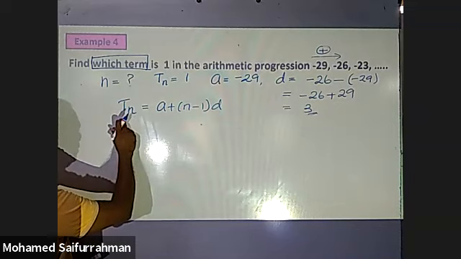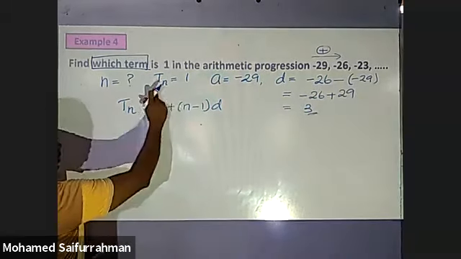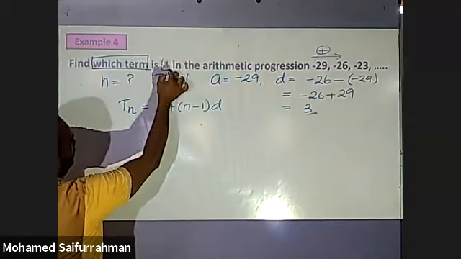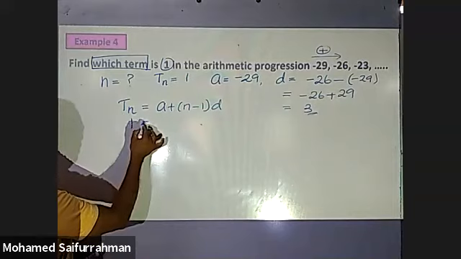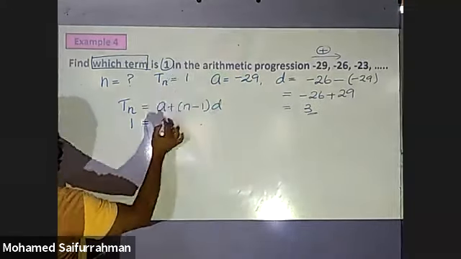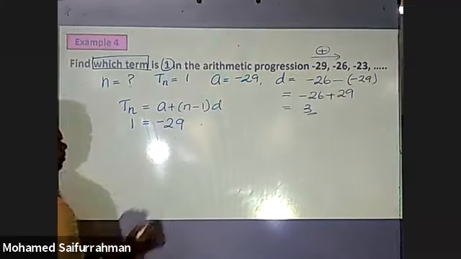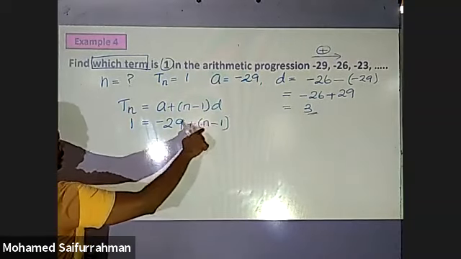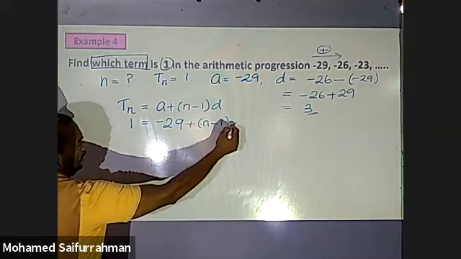Here, let's substitute the given data. Tn is 1, since which term is 1? So the term is 1, A is minus 29, the unknown is n, and D is 3.